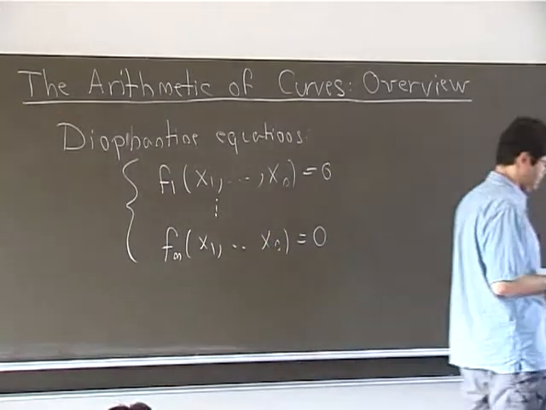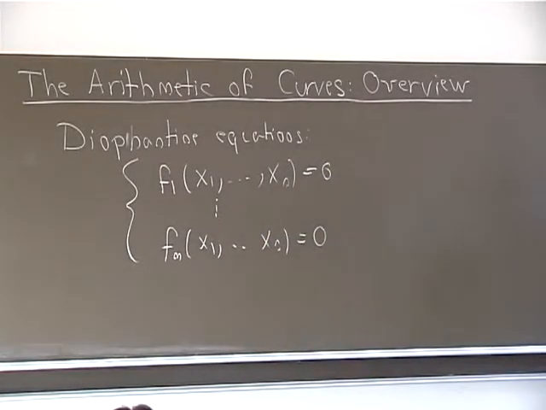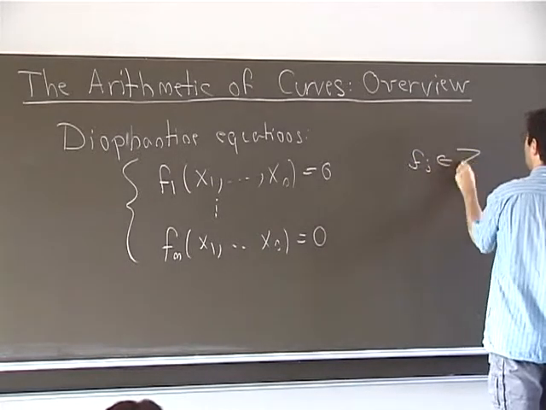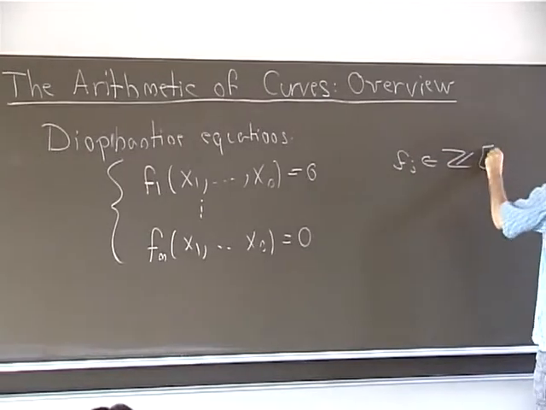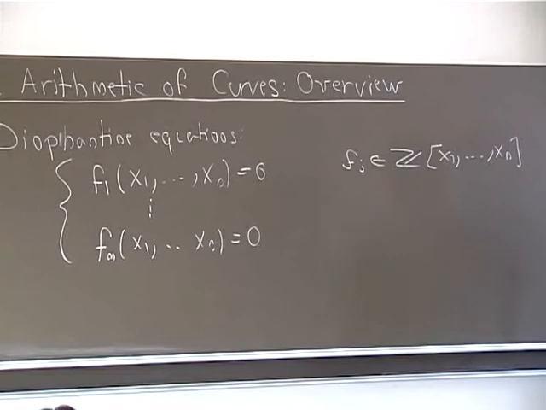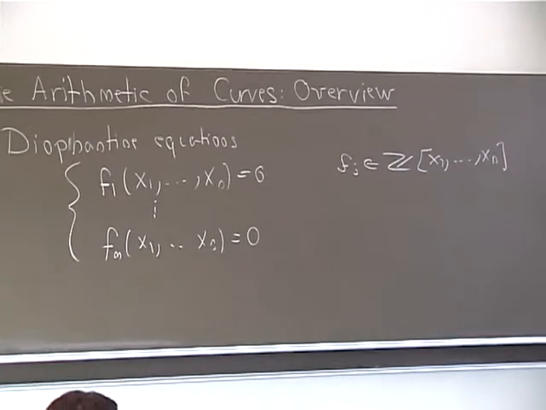And traditionally, if we're number theorists, we're interested in the case where the polynomials f_j have integer coefficients, so they belong to the polynomial ring with coefficients in Z.